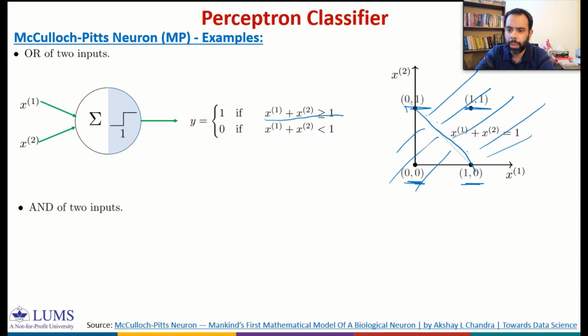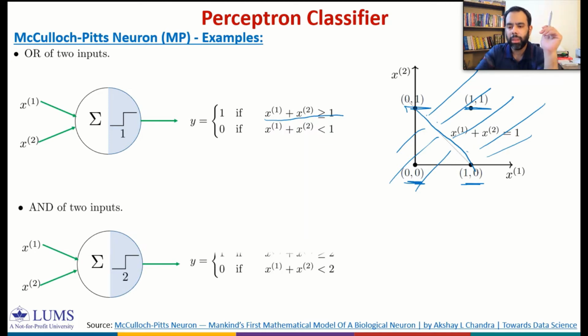Similarly, we can also implement the AND function using the McCulloch-Pitts neuron. Can you implement it for me? Maybe you can pause the video and try to implement it. It's super simple. So what is the AND function? If both the inputs are 1, the output is 1 and 0 otherwise. It simply means you aggregate inputs, and if you set the threshold equal to 2, that's AND. Right?